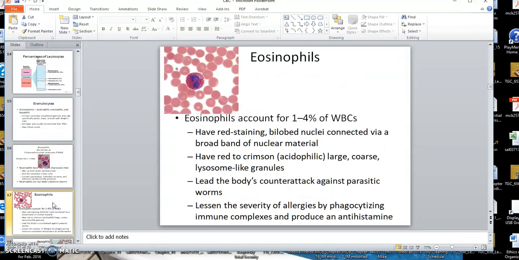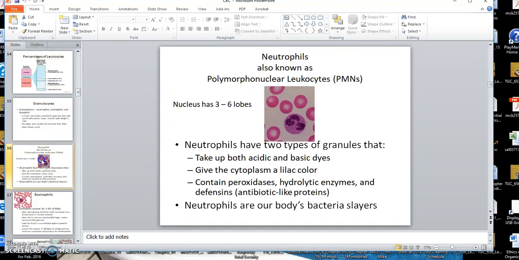The eosinophils, and I encourage you to read on all of these, I'm just doing an overview. The eosinophils stain red because of the eosin. They're about 1 to 4%. The most abundant, let me go back, are the neutrophils, which are about 60 to 70% of the white blood cell count.